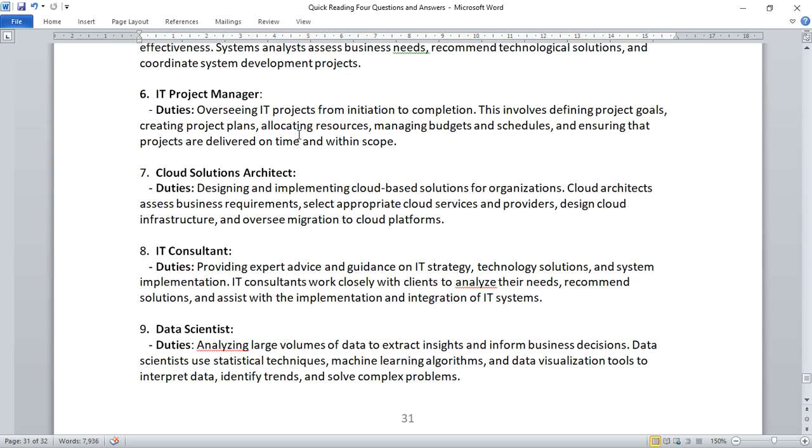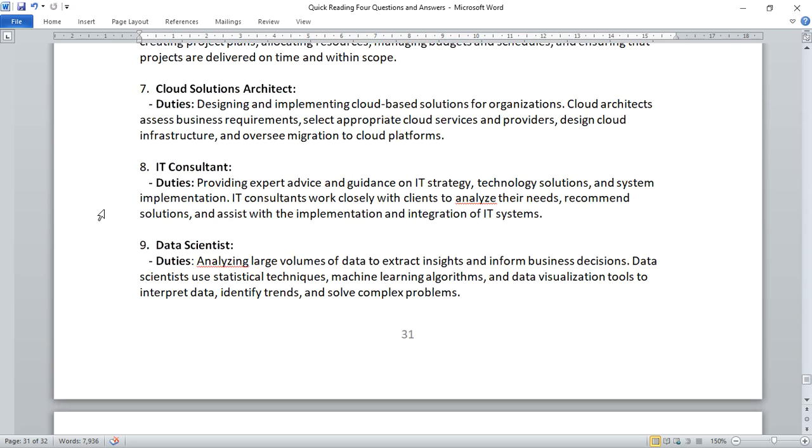We have cloud solution architect. This is a guy who is responsible for designing and implementing cloud-based solutions for organizations. We have IT consultant. This is an expert who is consulted on IT strategy, technology solutions, and system implementation. We have data scientist.